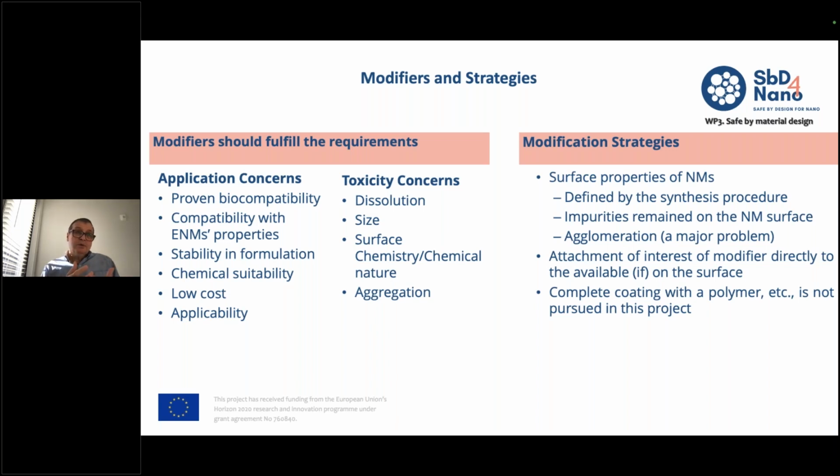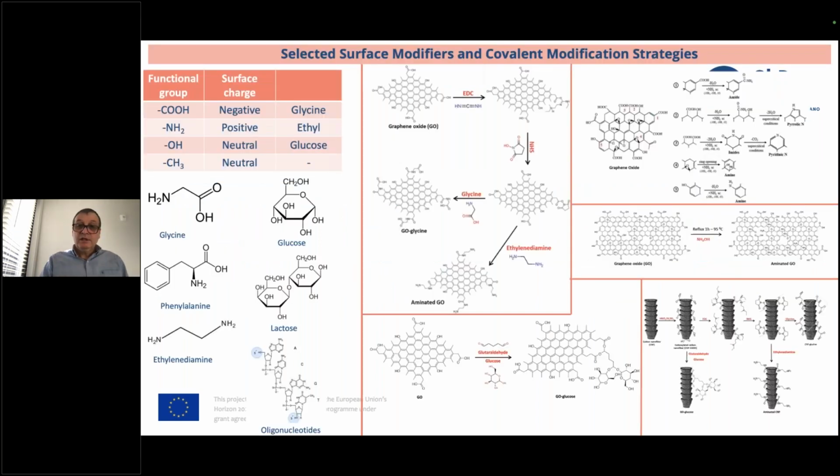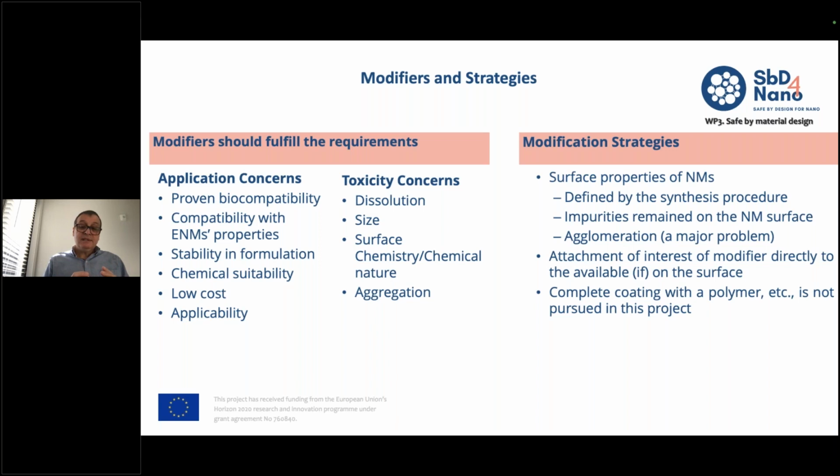After taking care of all these concerns, now you need to consider the surface modification. Surface modification is another issue, because you are again going to use chemicals, right? You need to pick the best strategy to not contaminate your nanomaterials, because all chemicals used in this modification strategy can affect the toxicity.